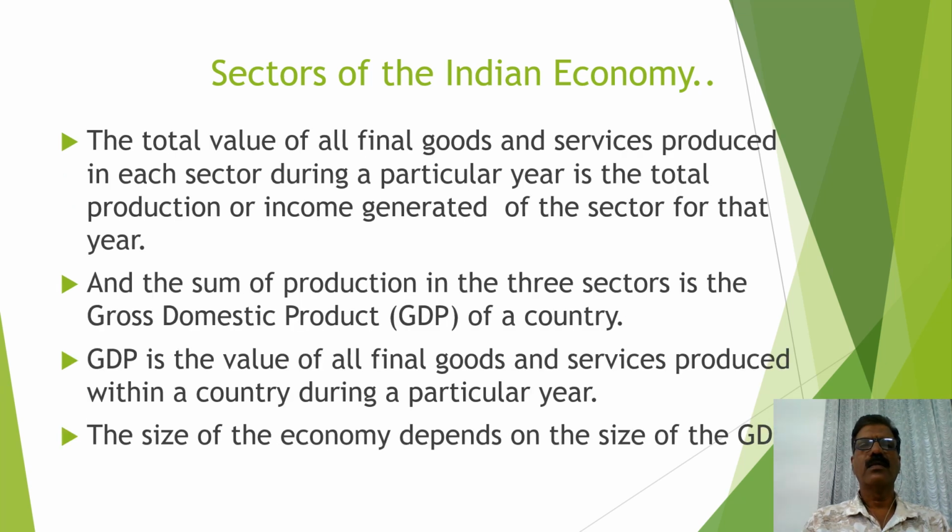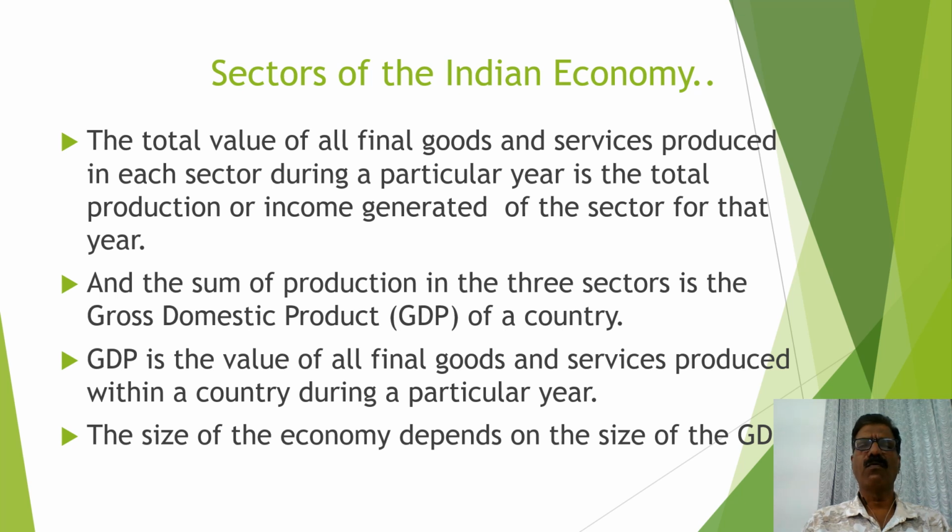The total value of all final goods and services produced in each sector during a particular year is the total production or income generated of the sector for that year. And the sum of production in the three sectors is the gross domestic product, GDP, of the country.